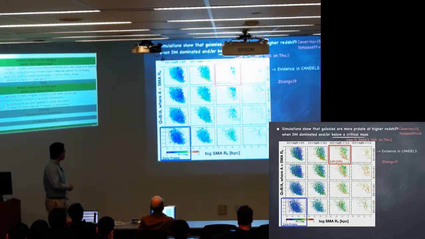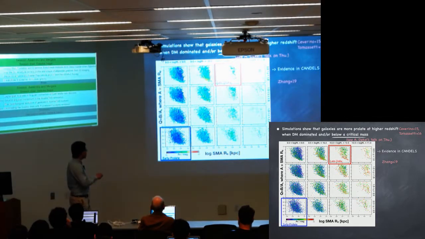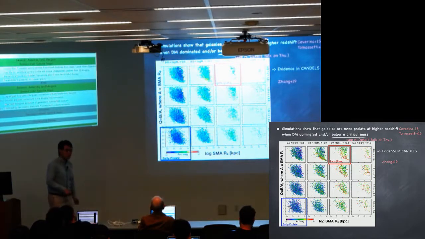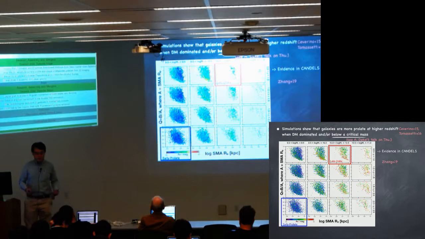This is showing you the 2D axis ratio versus the 2D size. From left to right you have increasing mass, and from bottom to top you have increasing time. You can see that at late times and in massive galaxies, they tend to populate this upper right corner, which is where oblate disky systems would be.